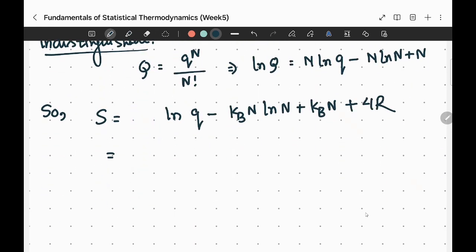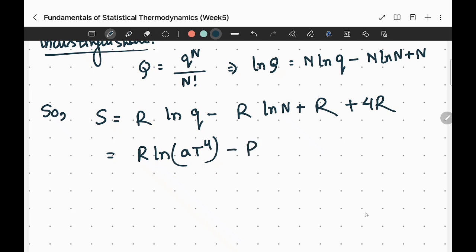Instead of kB n, I have replaced this with R. So it is R ln of a T to the power 4 minus R ln n plus 5R. This is the answer.